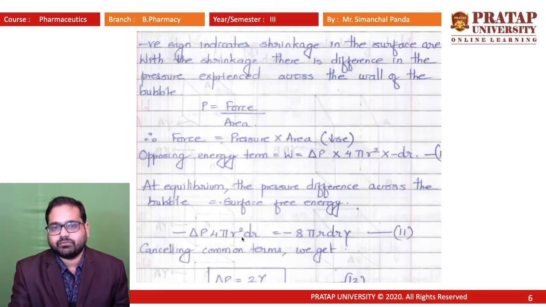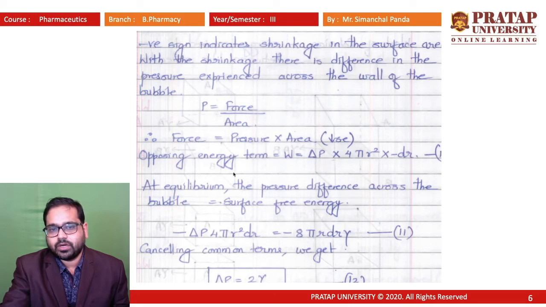Next we find the equation with respect to pressure, which is force per area, so force is pressure into area. We put this in the equation. So we got the area as 4 pi r square dr, for the change of the radius, and delta P is the change in the pressure.